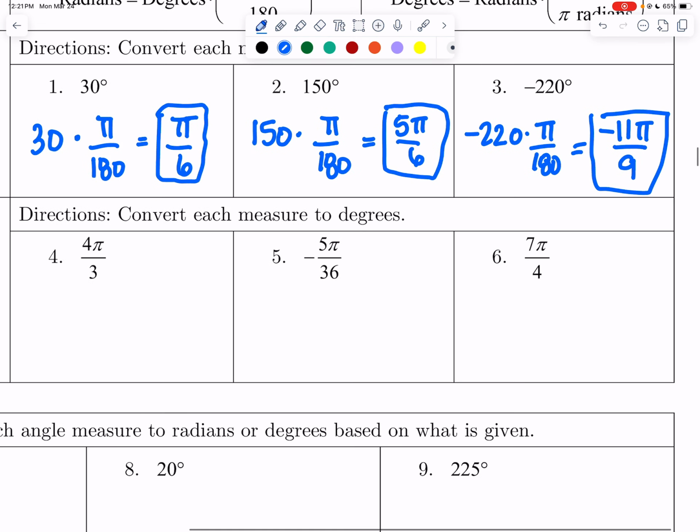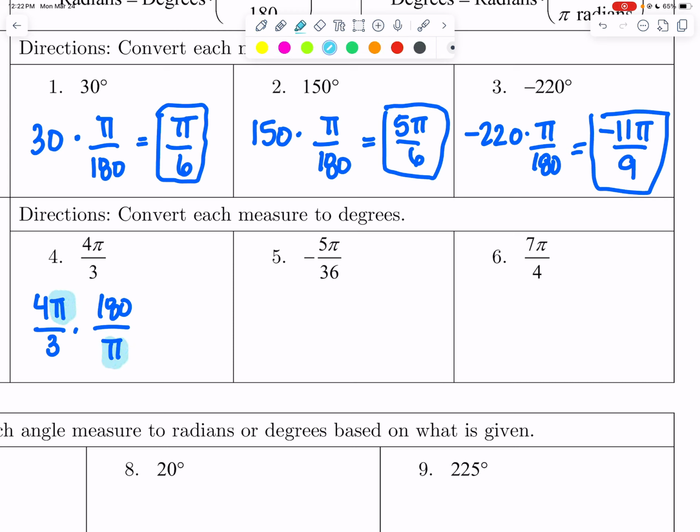For radians to degrees, we want to get rid of the pi, so we are going to go ahead and multiply by 180 over pi, so that gets rid of the pi's. So this will go away and this will go away. Now, like I said with numbers 1 through 3, we also want to make sure that we simplify this, so don't leave it like this.